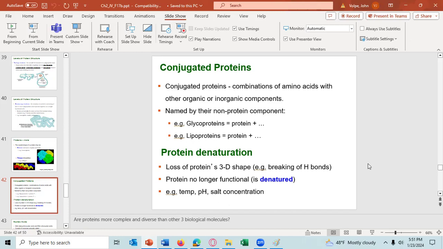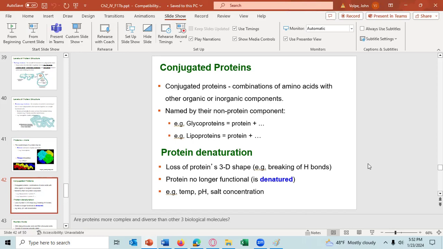For example, if you take a protein that should be at 37 degrees and you put it in the refrigerator or in the freezer, you can cause hydrogen bonds to form in that protein, and these hydrogen bonds shouldn't be there.